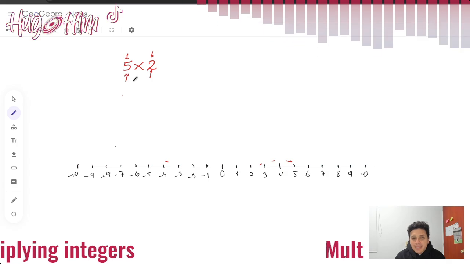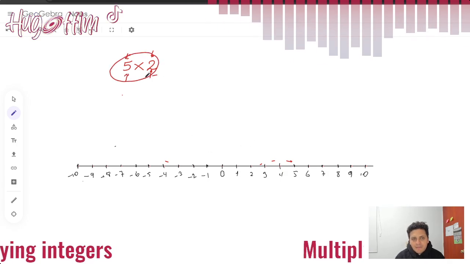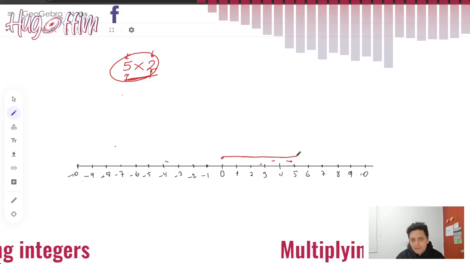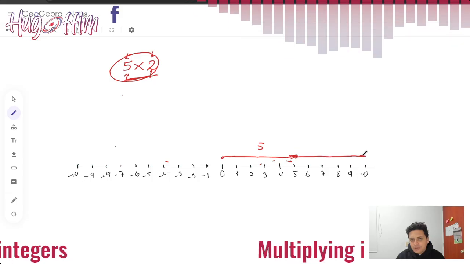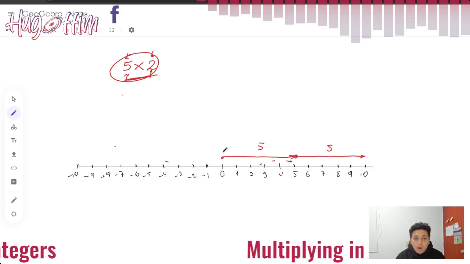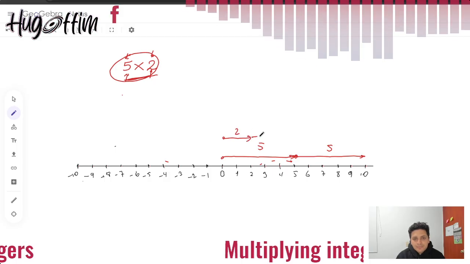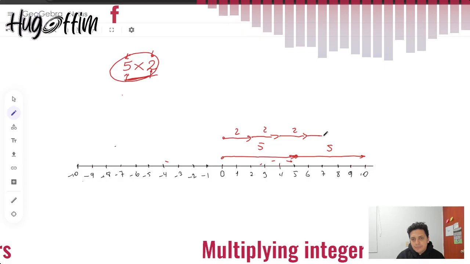This is the main idea of multiplying integers. For example, if I represent 5 times 2 on the number line, I take 5, and right next to this 5, I represent the other 5. Or I take 2, 5 times.